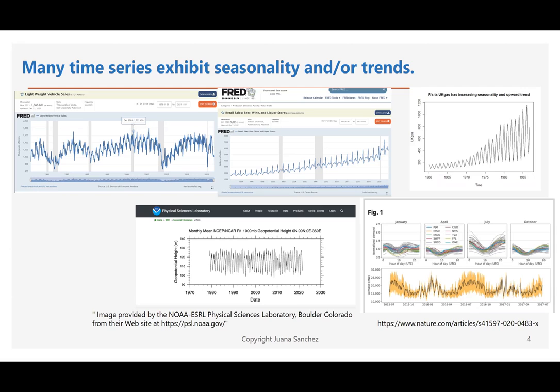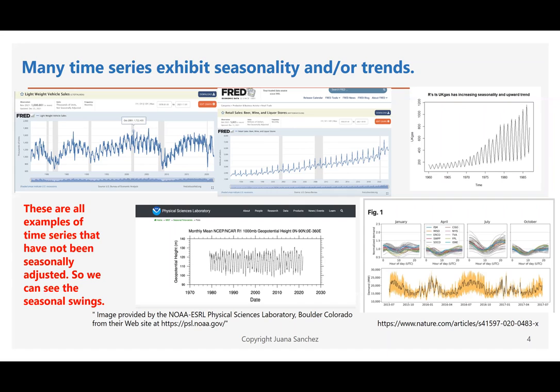This data set, UK gas, which is a time series object that is part of the datasets package in base R, actually, also has a sawtooth pattern that is increasing. If you notice, the beer, wine, and liquor stores retail sales also has a sawtooth pattern that increases over time.